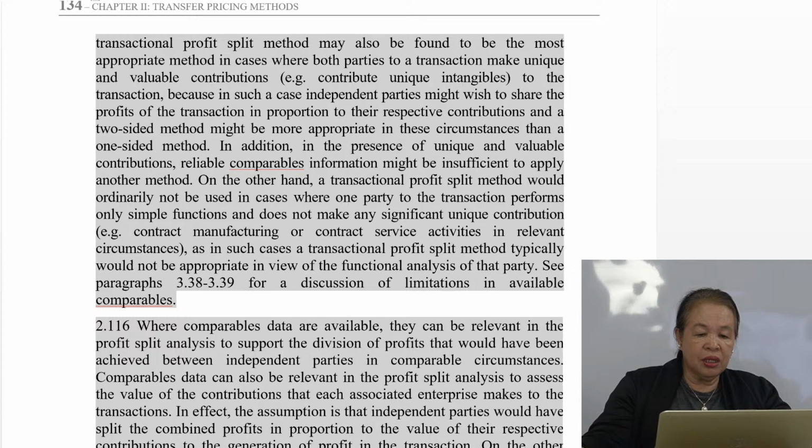So, contributed unique intangibles to the transaction because in such a case, independent parties might wish to share the profits of the transaction in proportion to their respective contributions, and a two-sided method might be more appropriate in these circumstances than a one-sided method. So in addition, in the presence of unique and valuable contributions, reliable comparables information might be insufficient, no? So to apply another method.